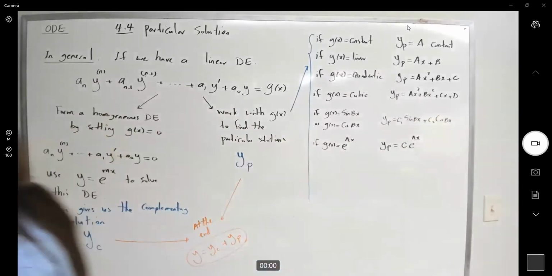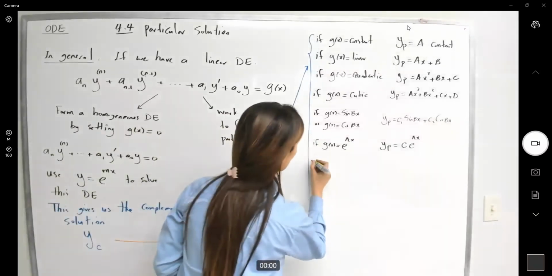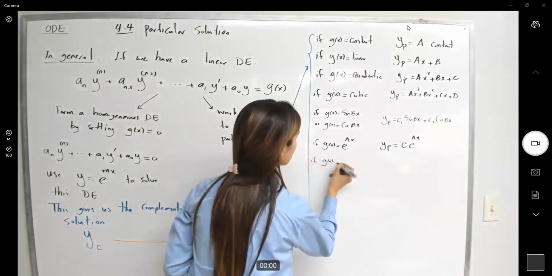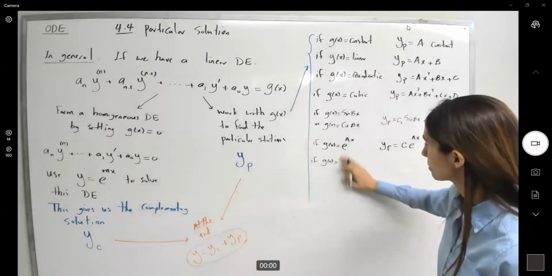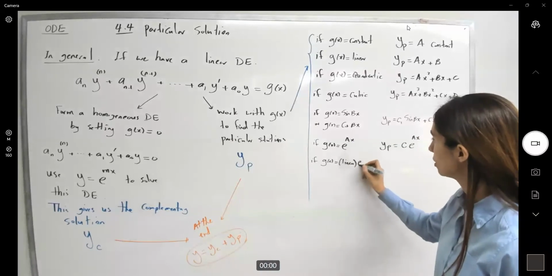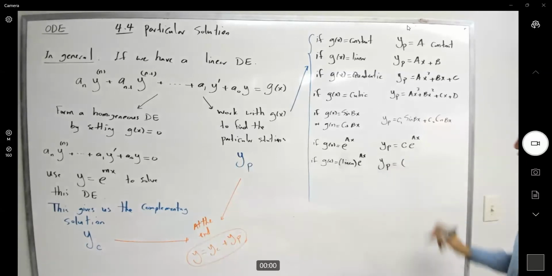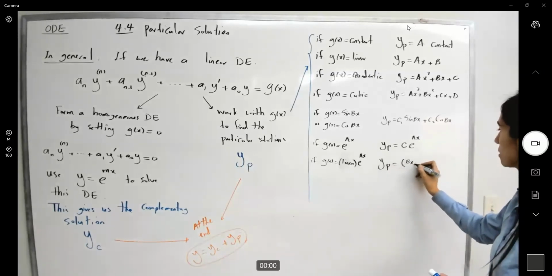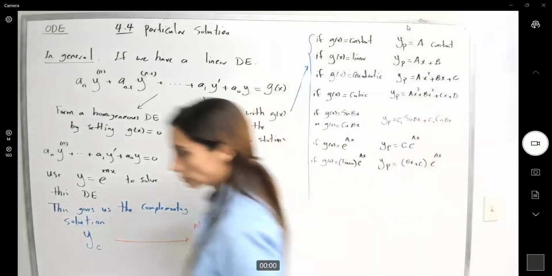The next category, if you have a linear expression times e to the power ax, if you have g of x equal to, for example, a linear expression, let me write it in parentheses, linear expression e to the power ax, then y sub p has the general form (bx plus c) e to the power ax.